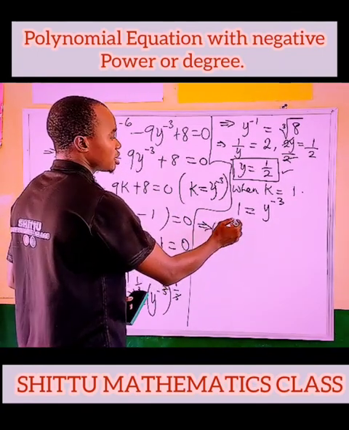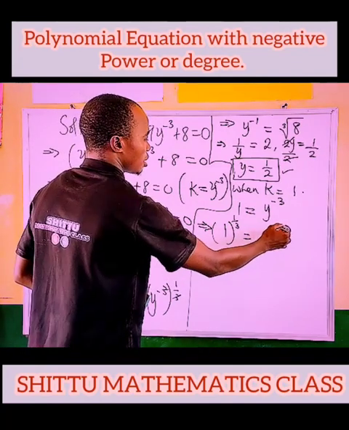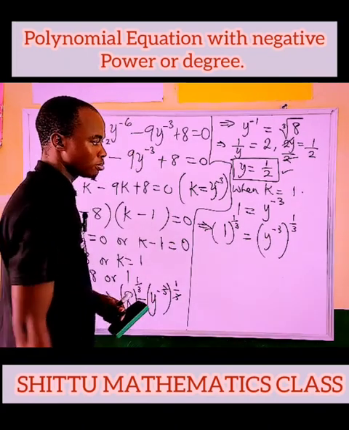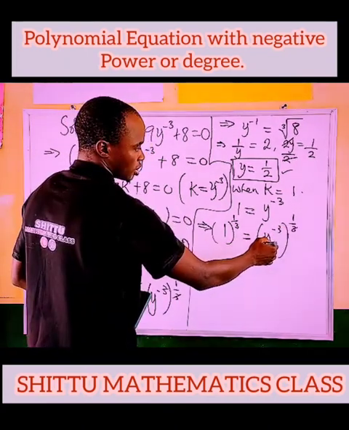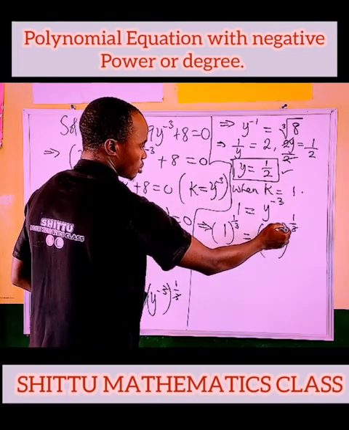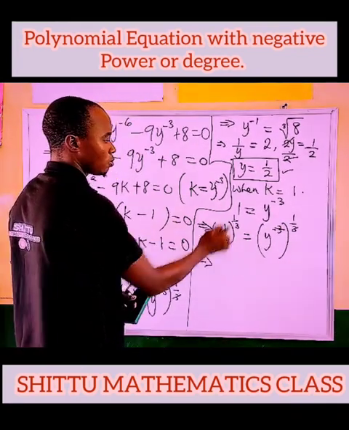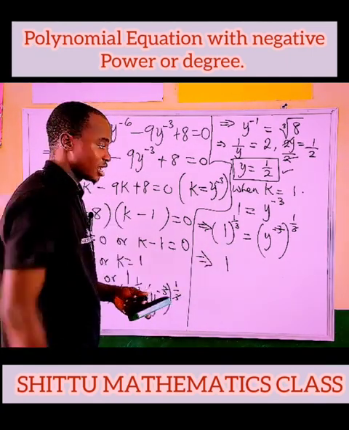This is taking the cube root. So this is going to cancel this one here, and we are going to have 1 to the power 1 over 3. Then 1 to the power 1 over 3 is the same thing as 1. Are you getting it now?